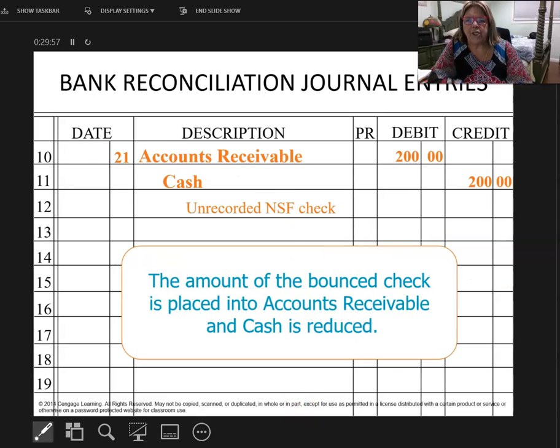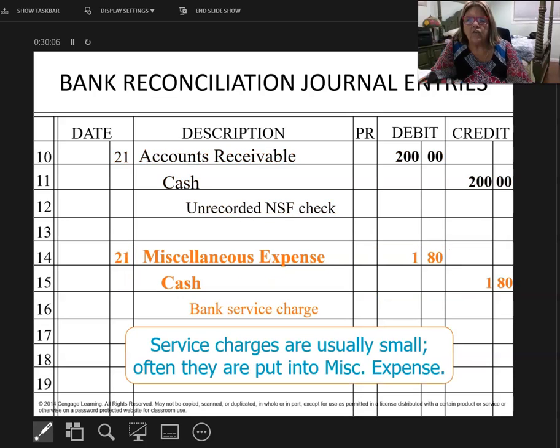Now, the bounced check. Remember the NSF check always is accounts receivable and credit our cash, always. So here's what an NSF check should actually look like.